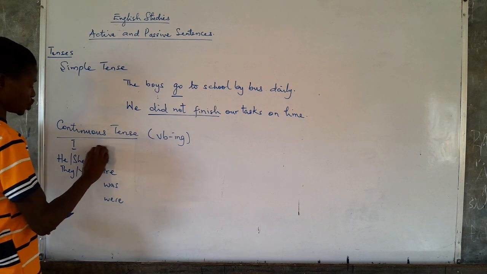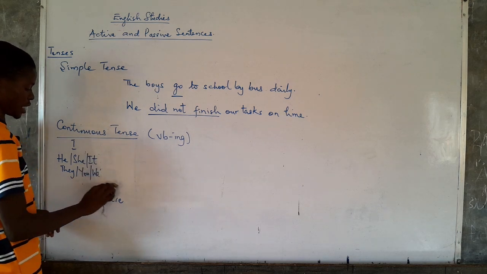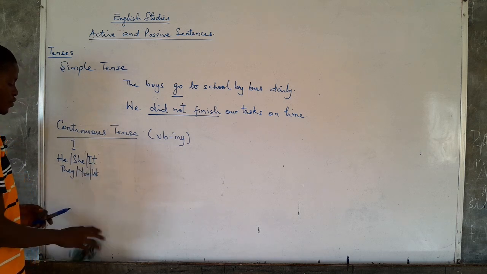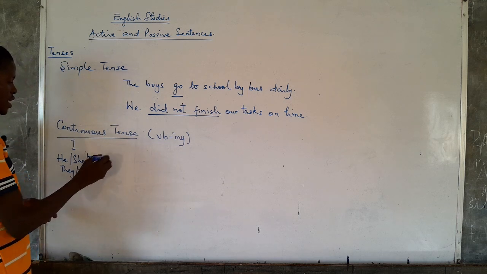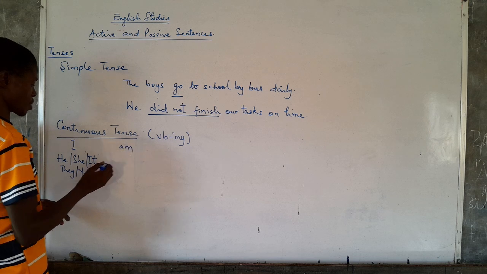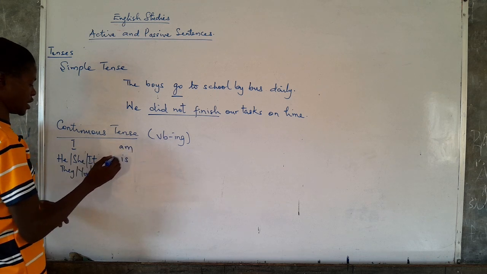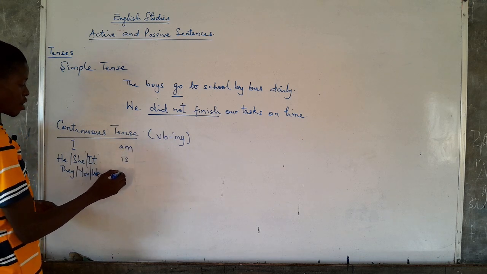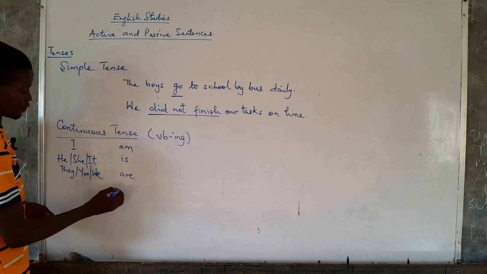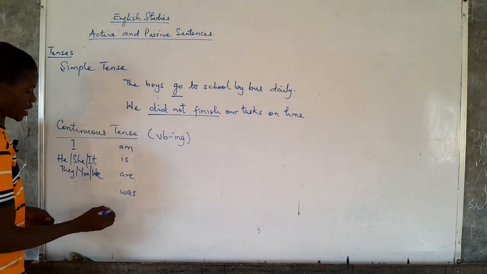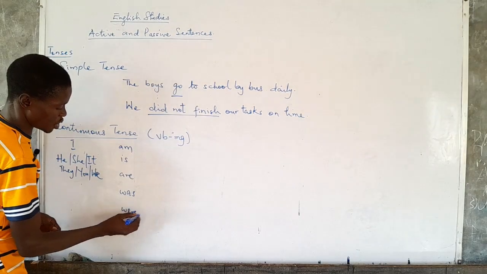To avoid any confusion, let's make it clearer this way. We have the following. Again, am. Now, this will take is, while this will take are. We have was, and at the same time, we have were.